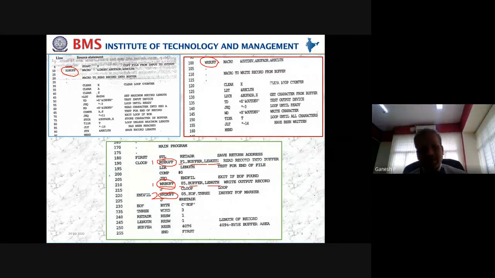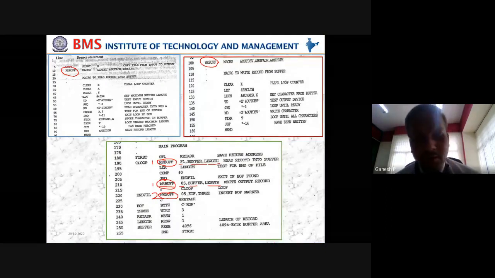So how do you design an argument table to handle nested macros? What type of data structure do you want to use as the argument table?